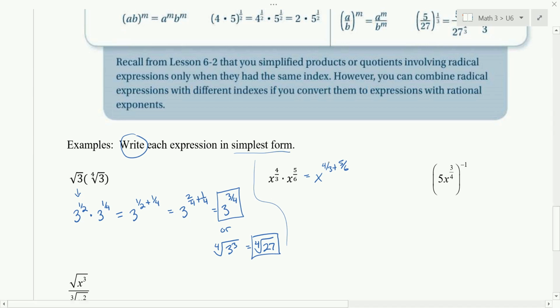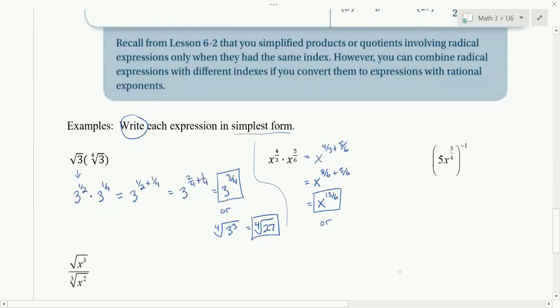So we need to change that 4/3, multiply top and bottom by 2 and get 8/6. And 8/6 plus 5/6 is 13/6. And so that can be your answer in fractional exponent form.